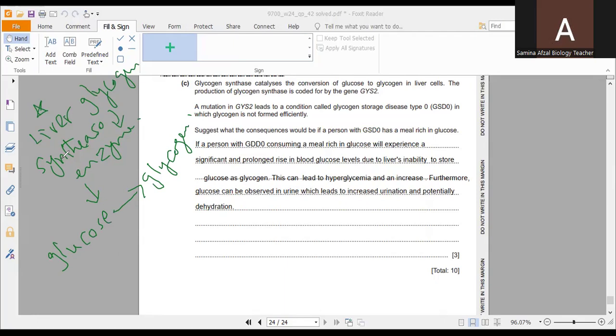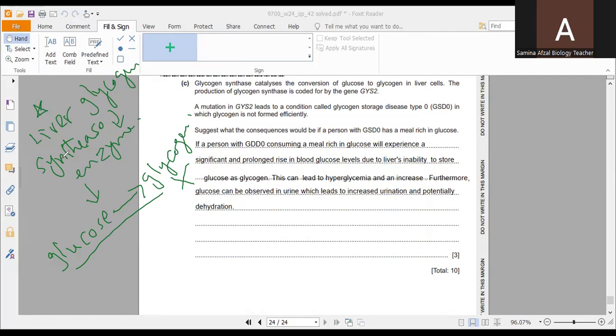However, in GSD0, with the deficiency of glycogen synthase, the liver cannot efficiently convert this excess glucose into glycogen. So this glucose will not be stored. The storage mechanism is severely impaired.